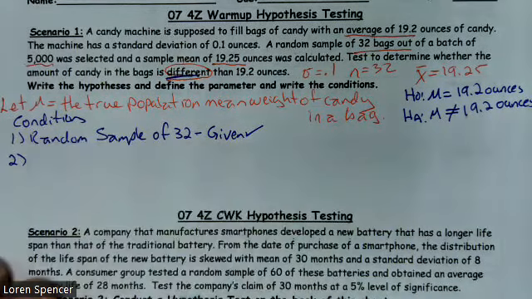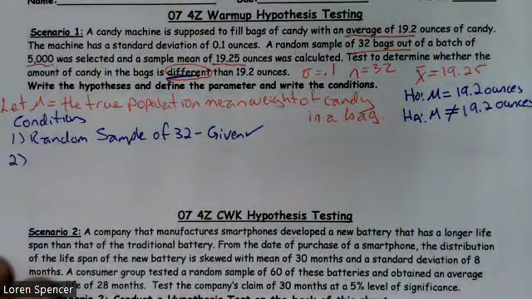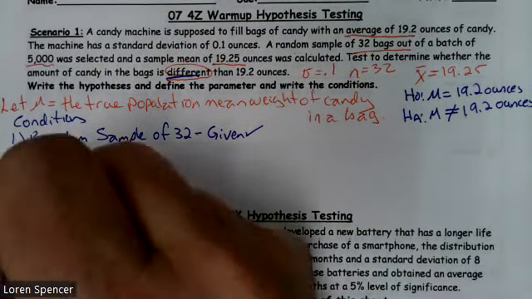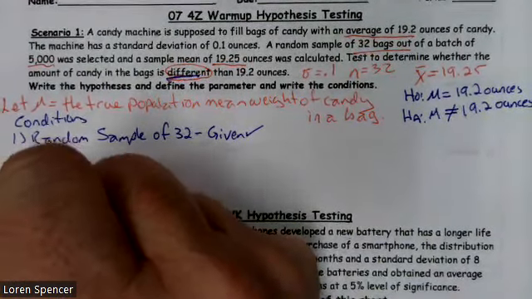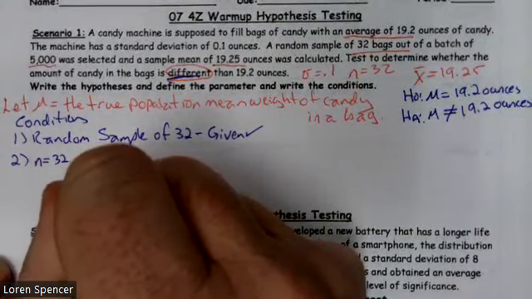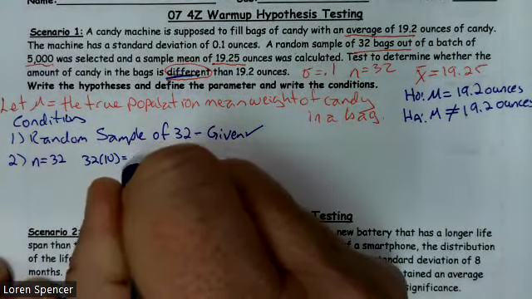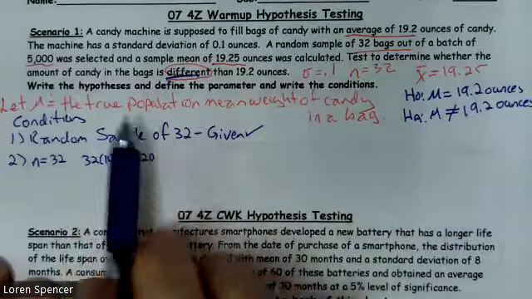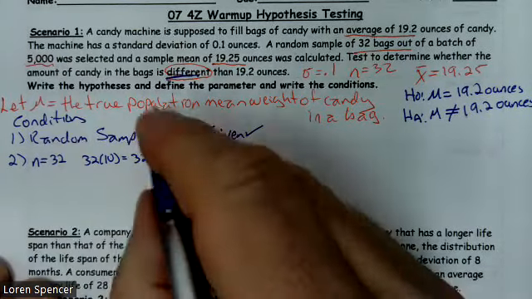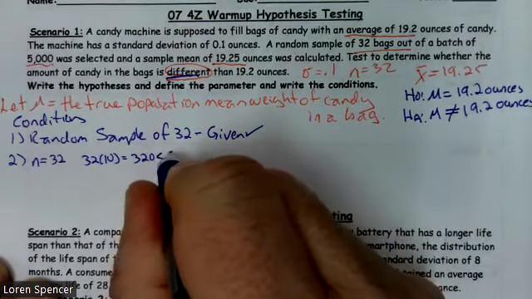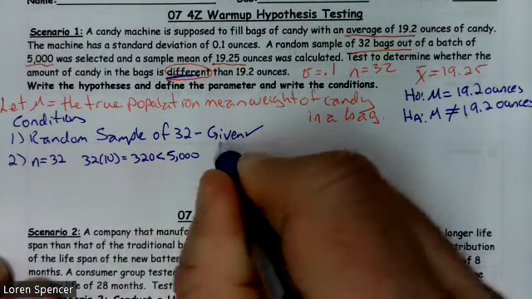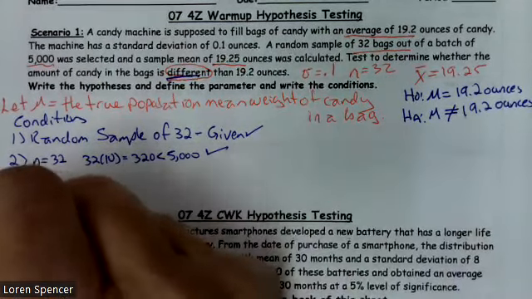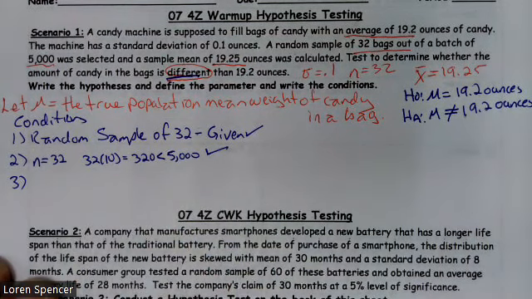The next thing, we need to check that n is less than 10% of the population. n equals 32, and we multiply by 10, so 32 times 10 equals 320. My population size is 5,000 in the batch, and 320 is less than 5,000, so we're good there.